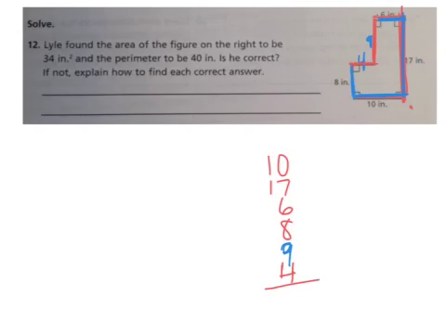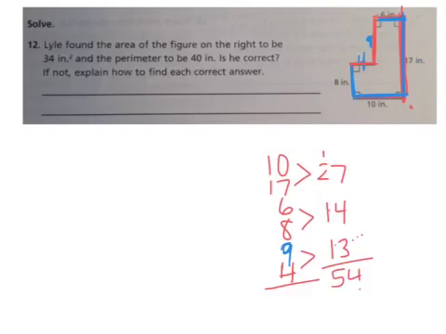And now I have 27, I have 14, I have 13, and then I add these together. 7 plus 4 is 11, 12, 13, 14. 2, 3, 4, 5, and I get 54. So the perimeter is 54 inches. So I know he's not correct, and this is my explanation here.